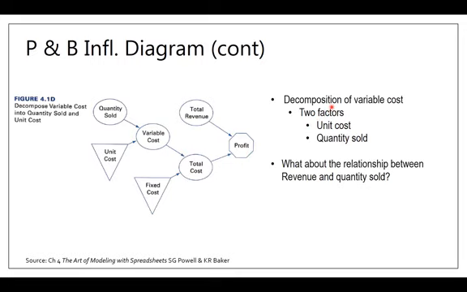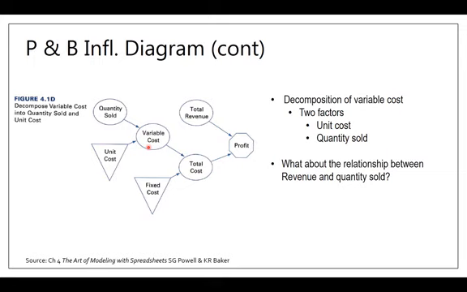If we were going to decompose the variable cost, we might think about how it's influenced by its unit cost, which is a parameter, and the quantity we're selling. Right? So the key distinction of variable cost versus fixed cost is that variable costs change with the level of output, or the level of production.